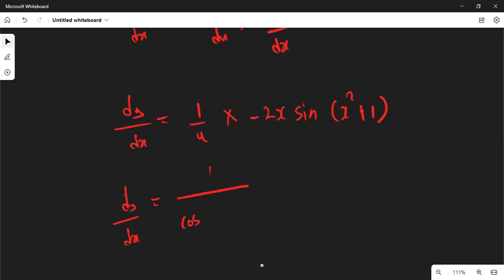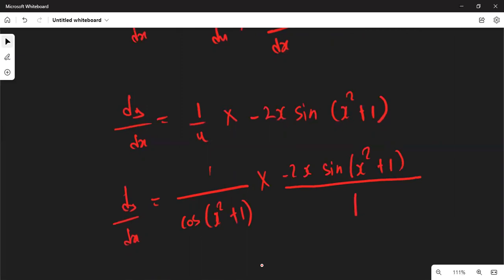It's going to be cos x squared plus 1 like that. Okay, multiplied by negative 2x. Already this is having x, so there's nothing that is going to change here. You just write this as it is, just over 1 so that it can become a fraction.